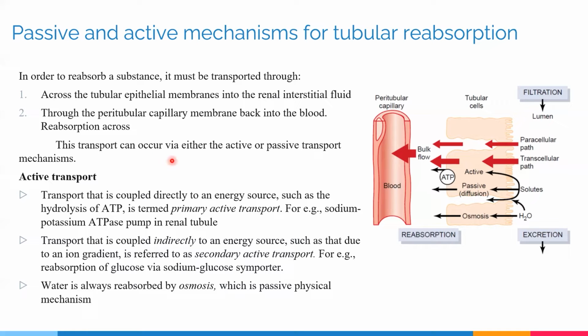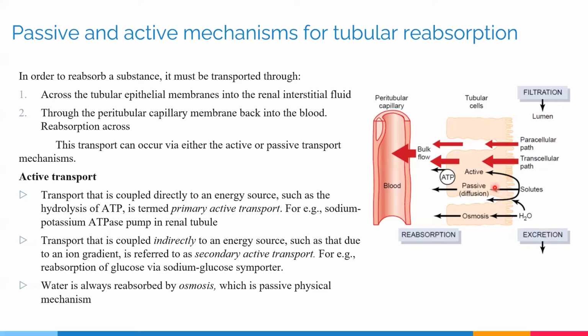This transport can occur either via active or via passive mechanisms at both ends of it. Further, this transport can be divided into the paracellular path, in which the solutes pass right through pores in the walls themselves, or the transcellular path, in which the solutes pass through the cells themselves.